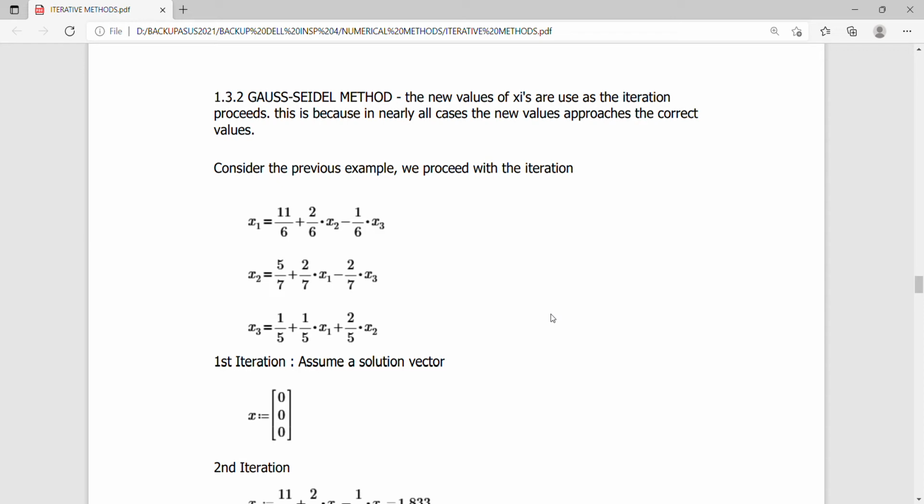So this is all about linear systems still, and we are on the iterative techniques.